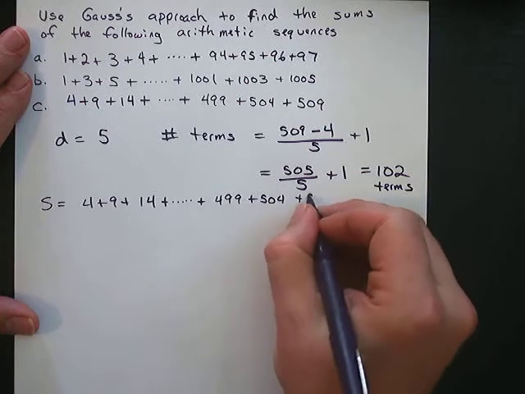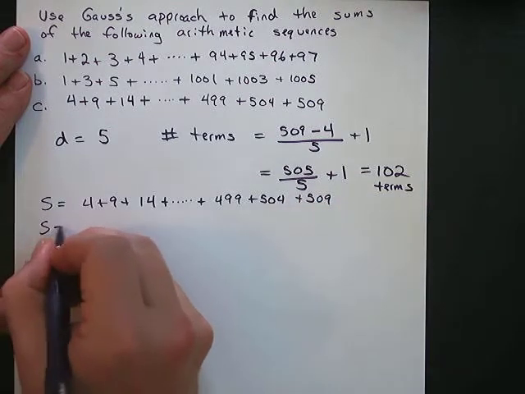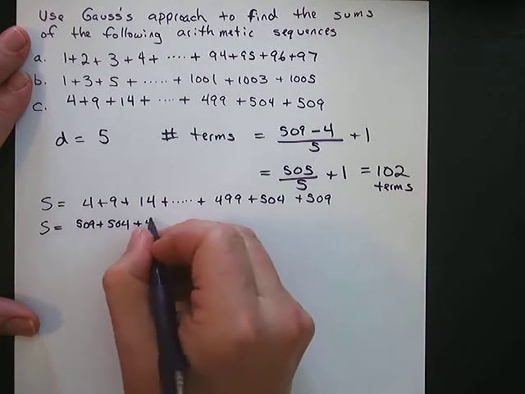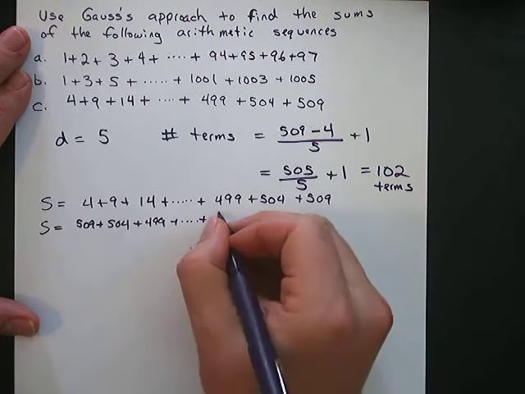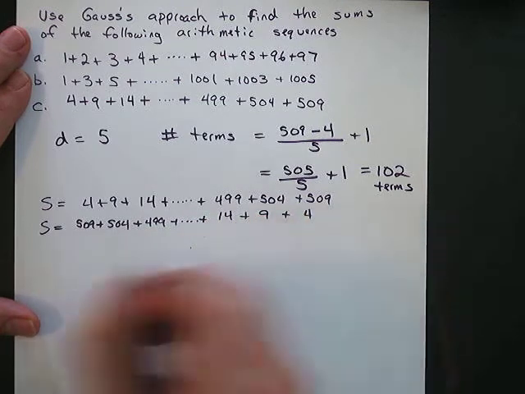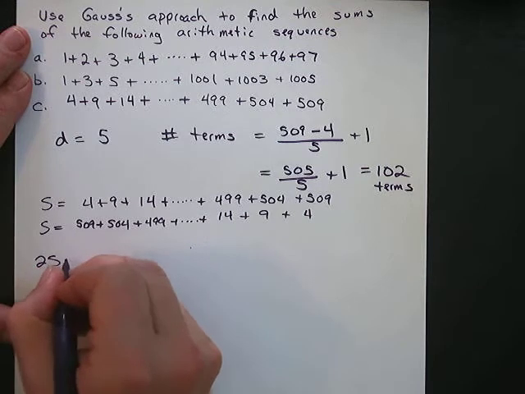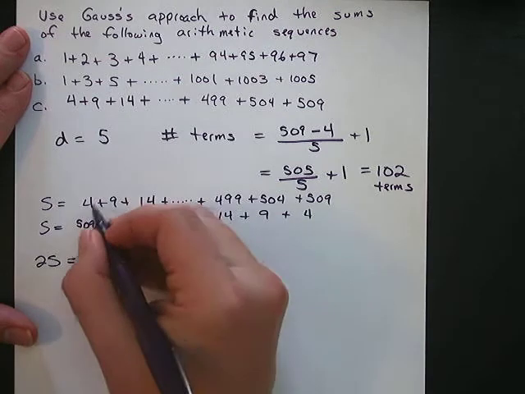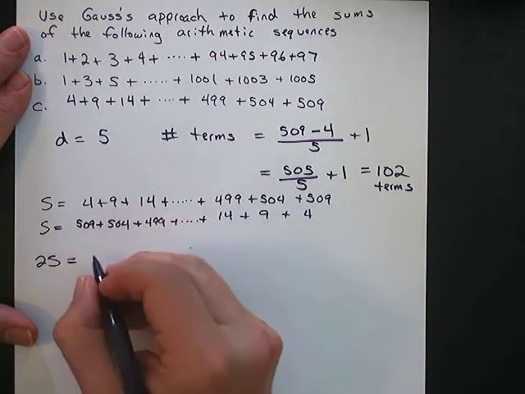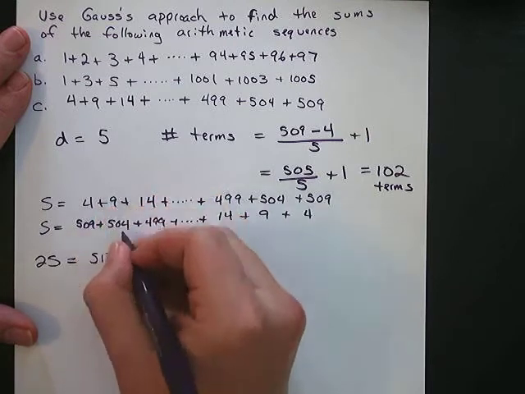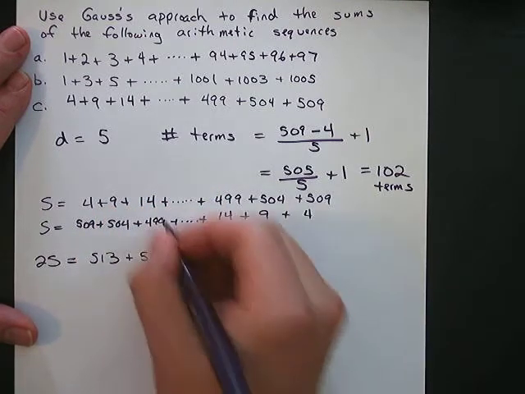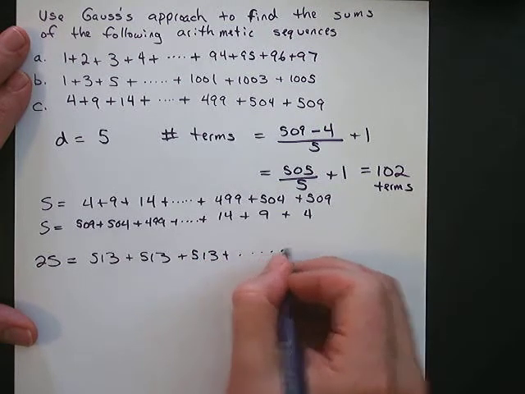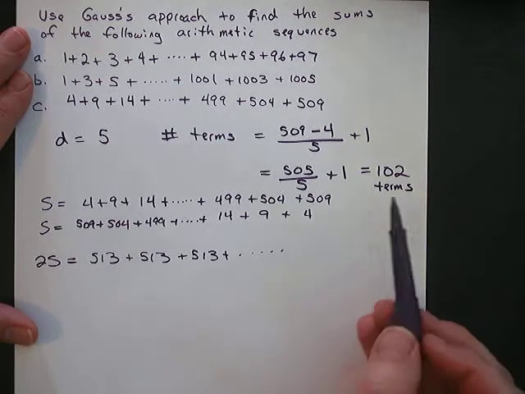Then we have another S equal to 509 plus 504 plus 499 and so on, down to 4, which means 2S is going to be equal to, and we could add these together, just skip this little step right here. It's going to be 4 and 509, which is what? 513. So that's worth 513. You add these together, that gives 513, another 513. So how many of these 513s do we have? Well, the same number as we have terms.